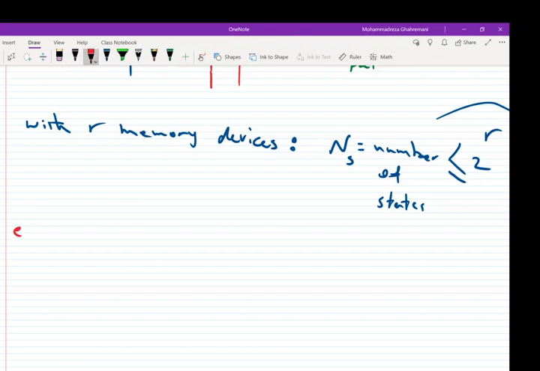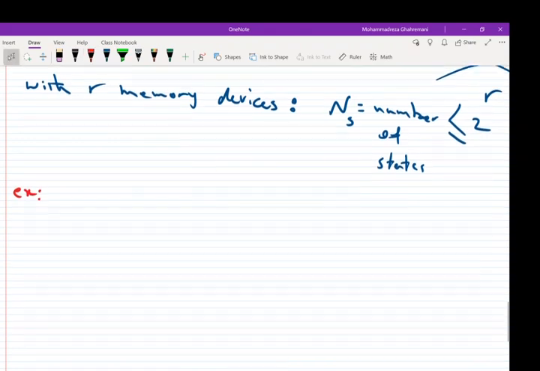Now it's time to see one example for Mealy model. So here we have the example. Let me just write it down.